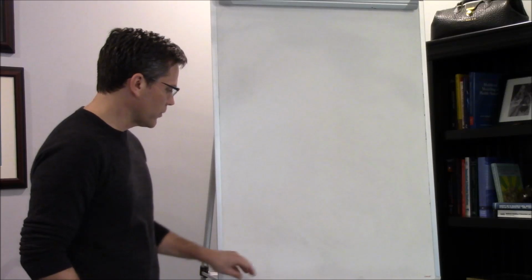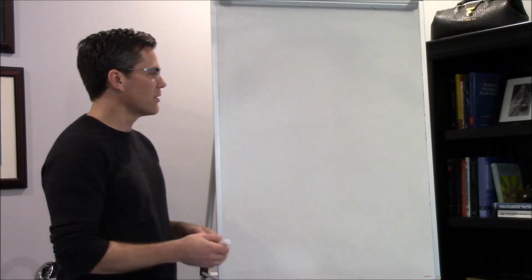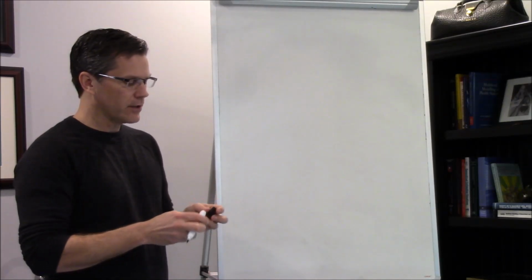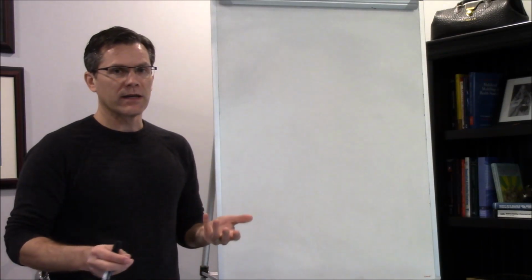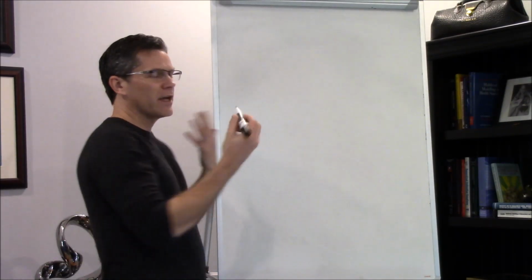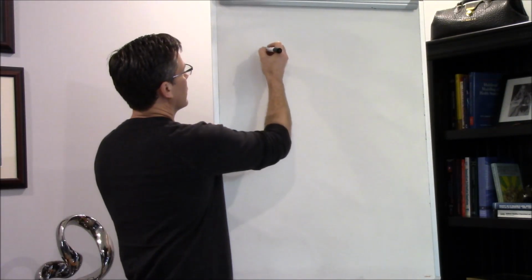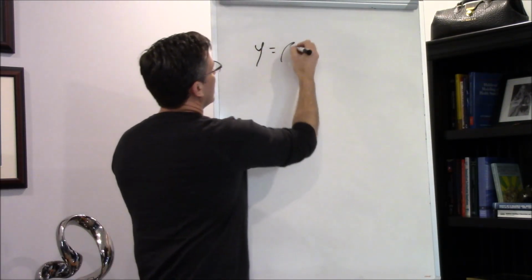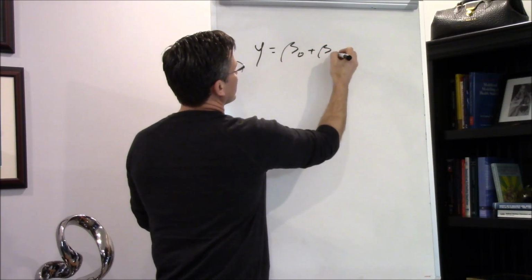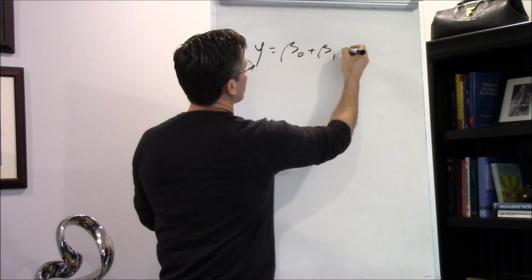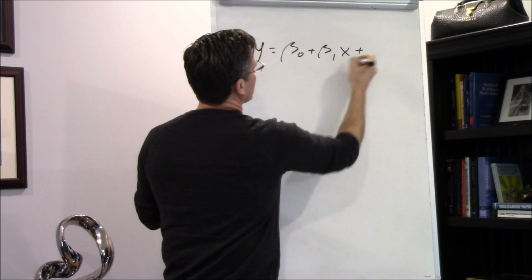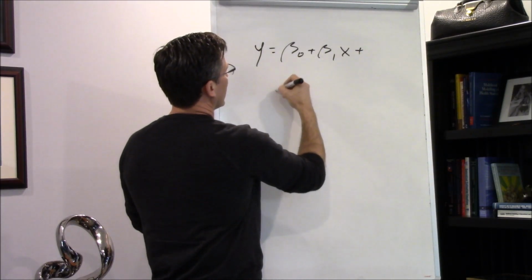So just to remind you where we left things off, in our last regression model that we talked about, we included both continuous and categorical predictors, but they simply had additive effects, so there's no interaction present. And so we have some outcome variable, and then we have an intercept, and we have an effect of a continuous variable, x, and then we have an effect of a categorical variable.